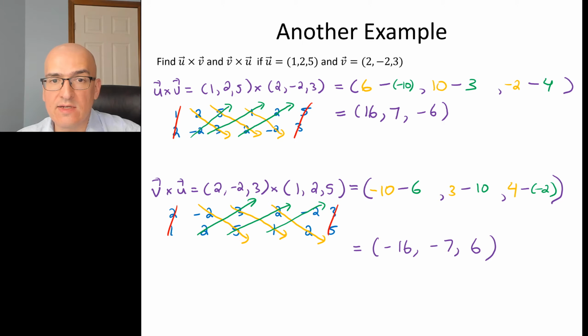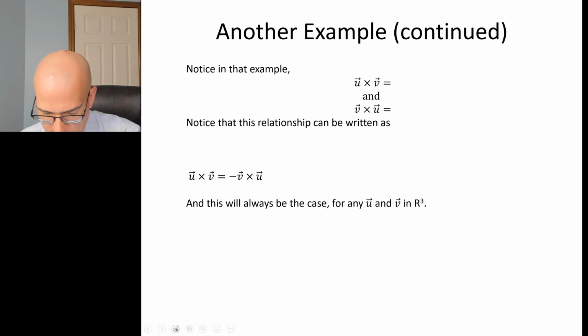So A, B, C, D, E, F. Do the cross products and compare them, and you would see that the order will result in one being the negative of the other one for any values of A, B, C, D, E, F. So that's how you would prove it in general. Or at least one way to prove it. There's other ways.